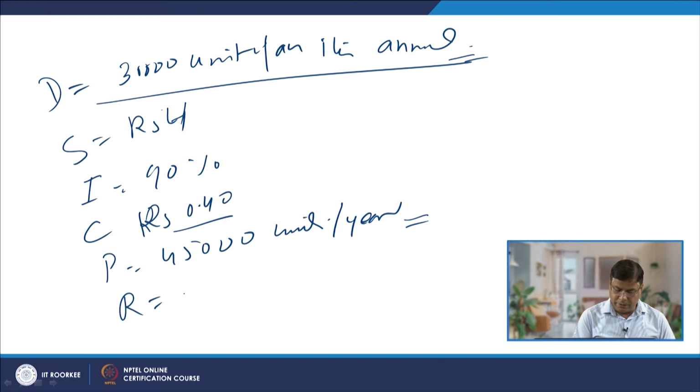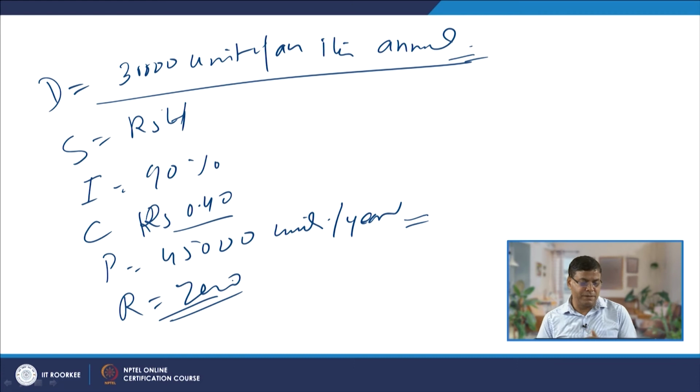Then what we will have here is the determination of the order quantity. The reorder point R here will be 0, because we start getting the delivery of the items immediately on placement of an order.